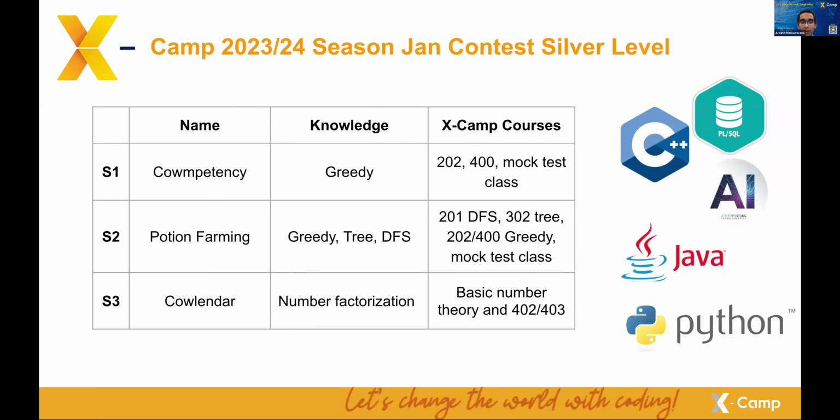So this was a greedy problem. And then Potion Farming was maybe more of a standard problem, but it is a tree problem. And you have to use some greedy arguments to argue that you want to match the lower potions first.